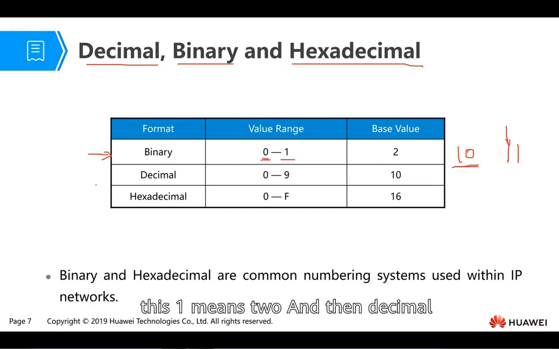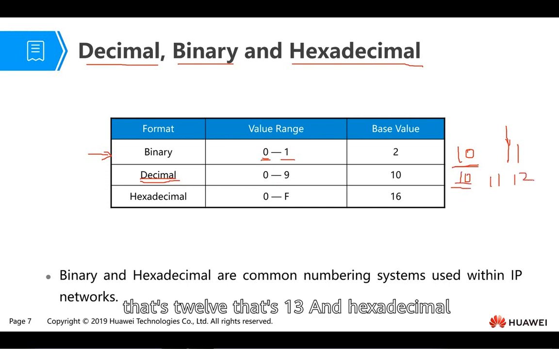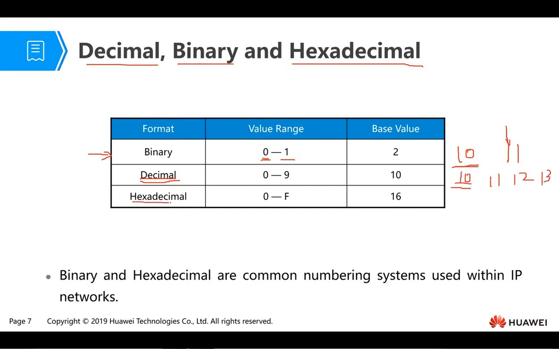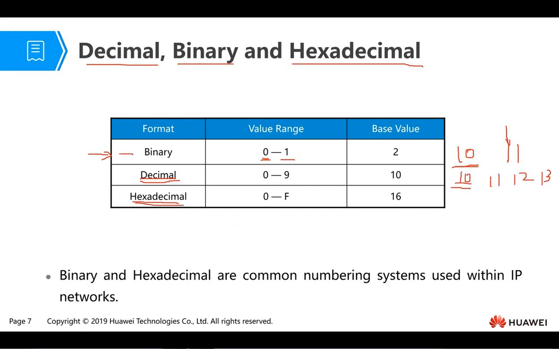And then the decimal, which we use daily. The values go from 0 to 9, and if it's 10, you write it as 1 0. This is 10, and 11, that's 12, that's 13. And the hexadecimal is another form of binary.